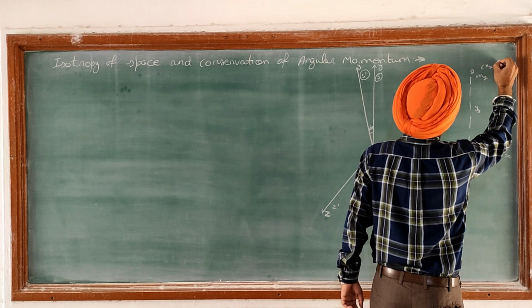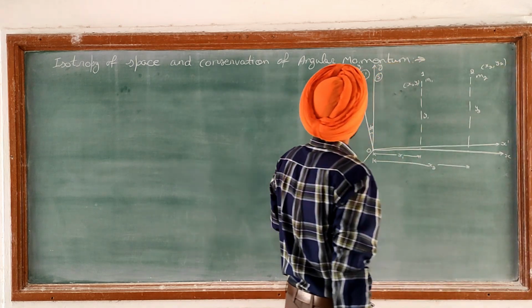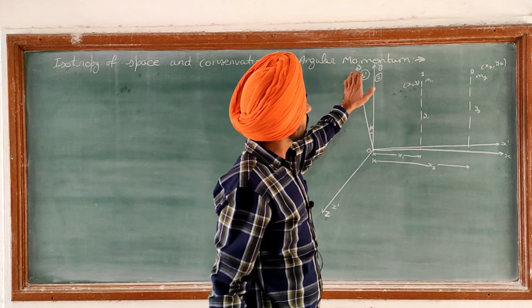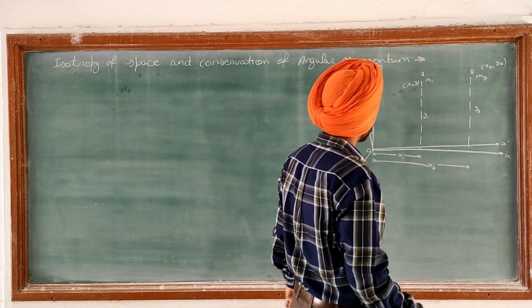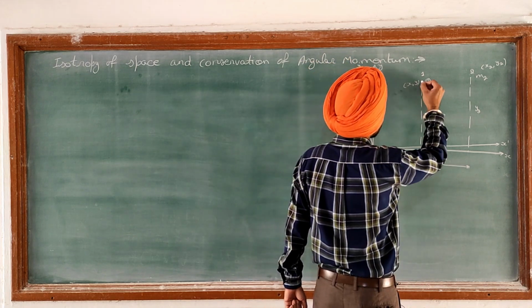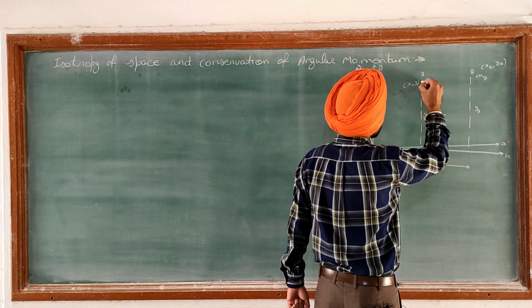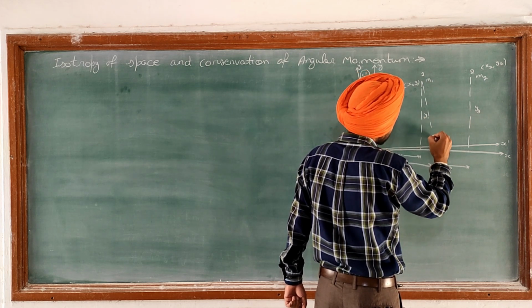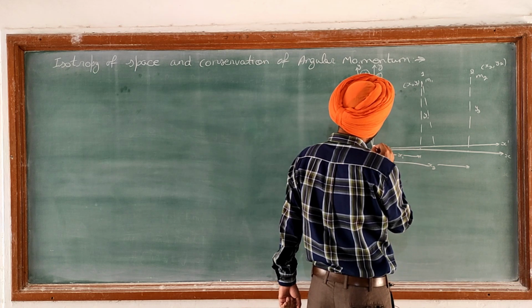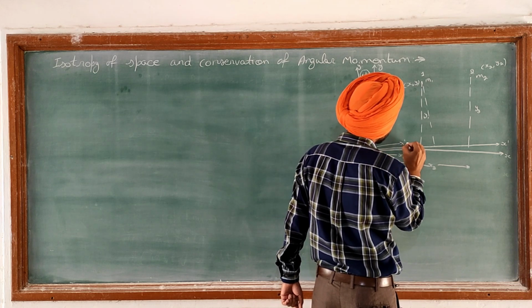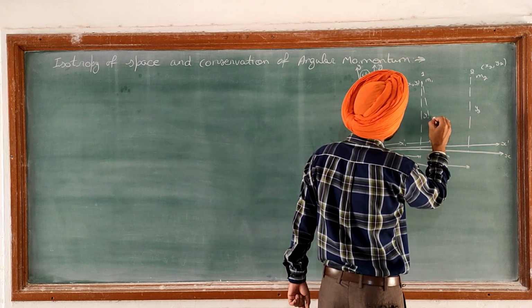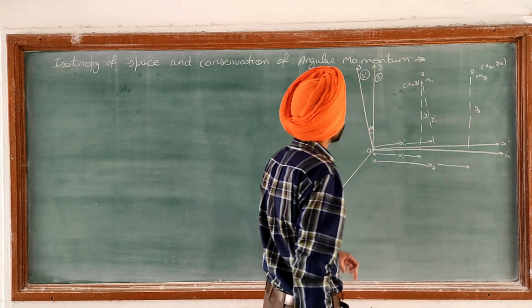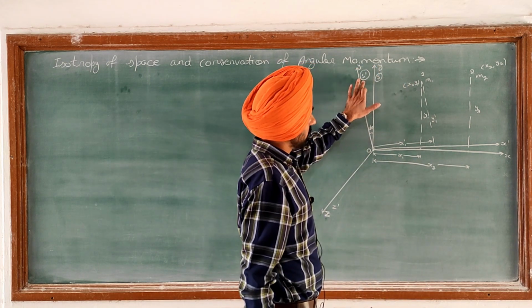Now in the S prime frame of reference, the position coordinate of particle 1 is x1 prime and y1 prime. So I will draw a perpendicular from the position of particle 1 to the x-axis and the y-axis. So let it be x1 prime. This is the position coordinate of particle 1 in the S prime frame of reference.